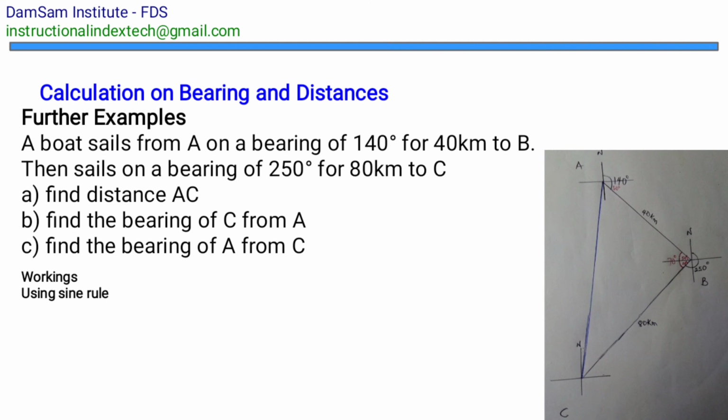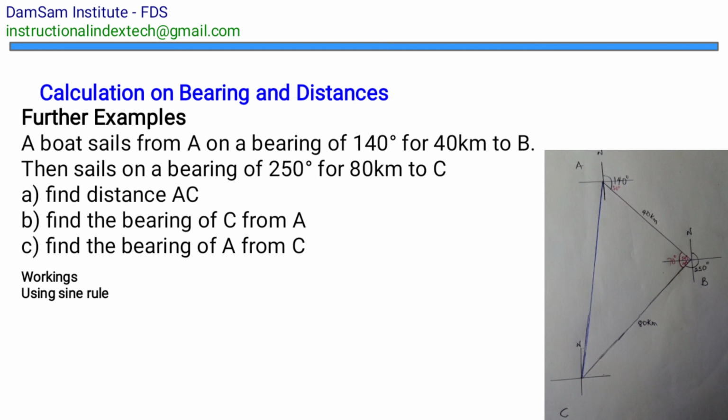That is what we mean by the bearing of C from A. So we are at A. The north of A will move clockwise and come straight down and touch that blue ink. That will form the angle. But the angle inside this triangle is what we first find.